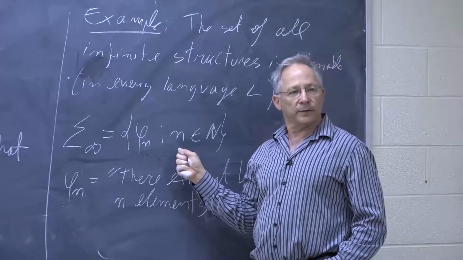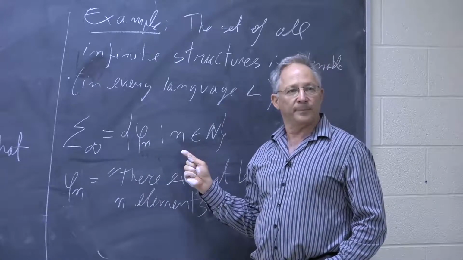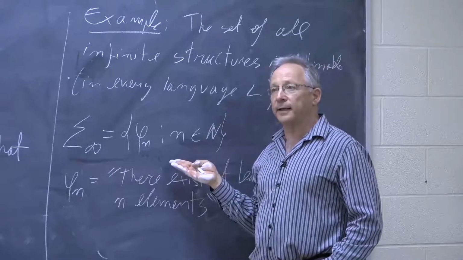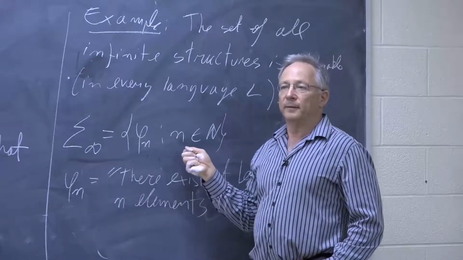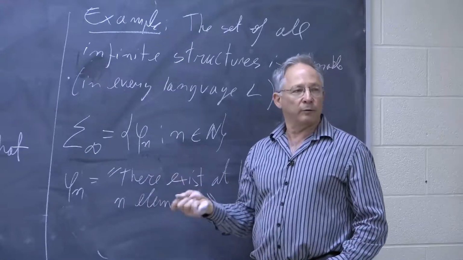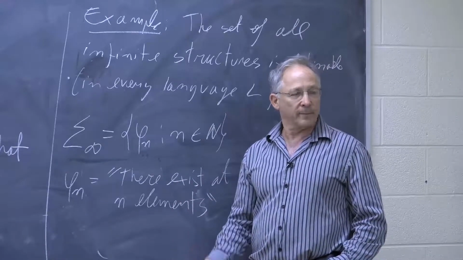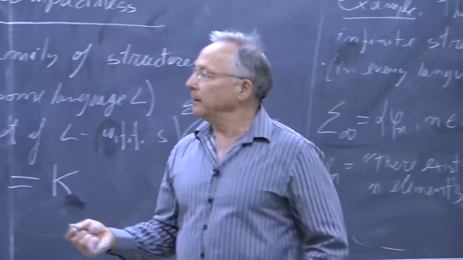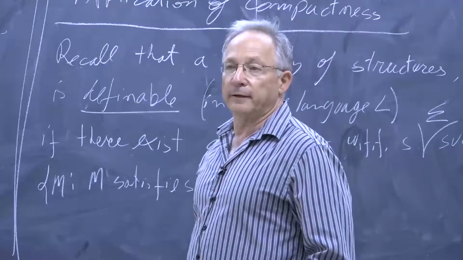I don't have a way of saying or over an infinite set, even as a set of formulas. If I write a set of formulas, it's like I've required and over all of them. But I don't have a way of saying or over all of them, even if I use an infinite set of formulas. So it turns out that it's really impossible. We cannot define the set of all finite structures.